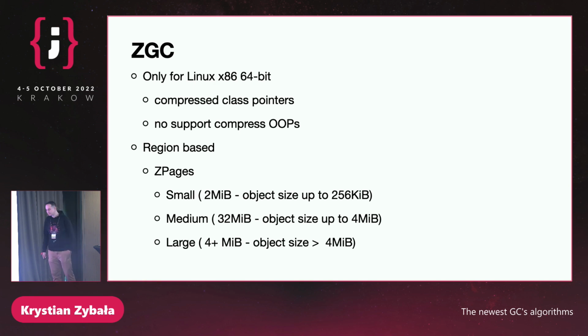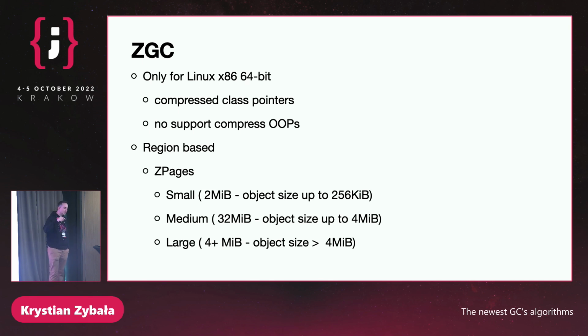Basically, it's based on regions, but there is a difference. This is, of course, a naming difference. This is the Z page, it's not a region. What is more important is that ZGC has 3 Z page sizes, where you, for example, allocate a small object. This object is allocated in a small Z page. What does it mean?